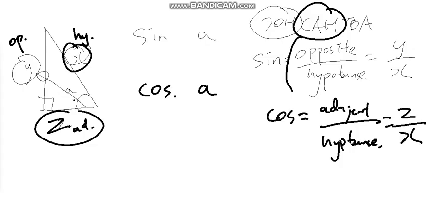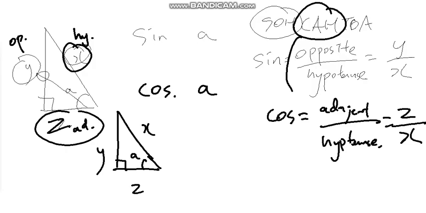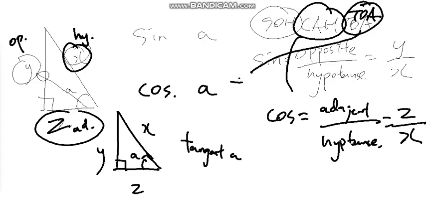One last question. Let me make another one down here: A, x, y, z. Now let's try the tangent of A. Tangent, the TOA part, would be tangent equals opposite out of adjacent.